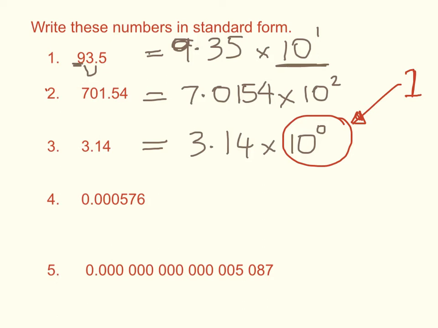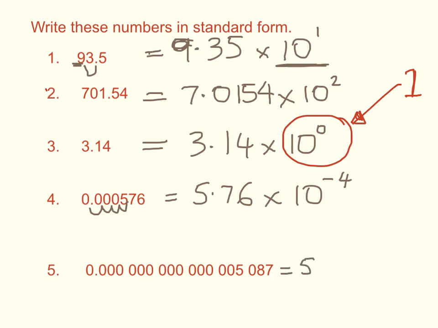Lastly, we've got two smaller ones. So 0.000576 will be 5.76 times 10 to the power of -4. And the last one, well, we can do the first part easily.